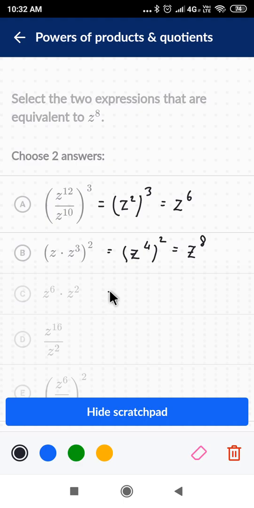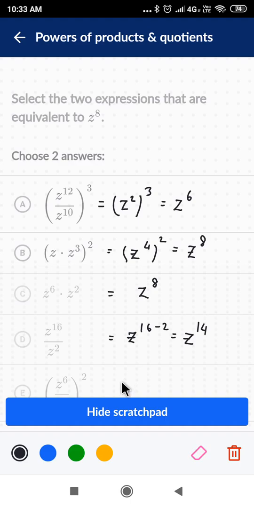C is equal to z to the power 6 plus 2. That will be z to the power 8. D will be z to the power 16 minus 2. That is z to the power 14.